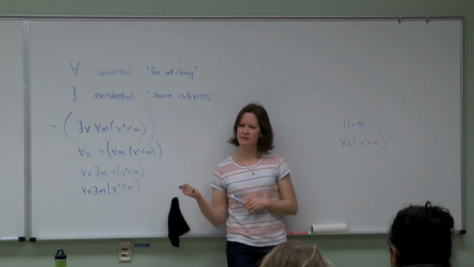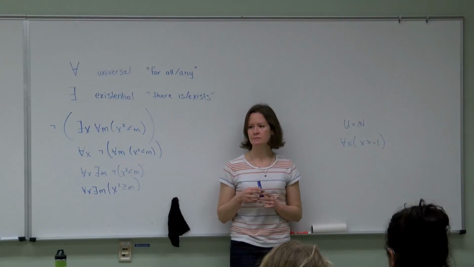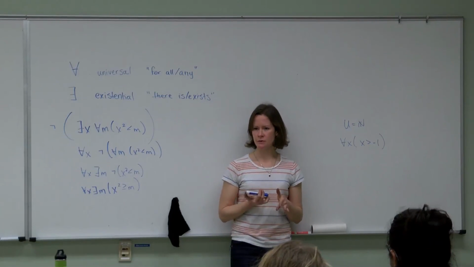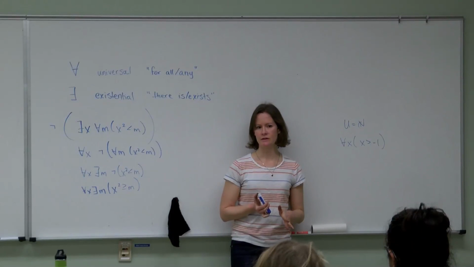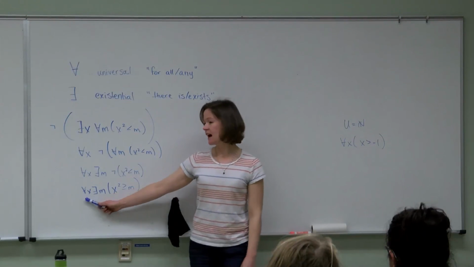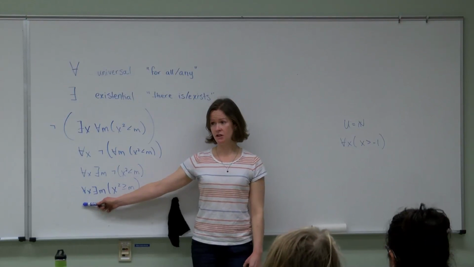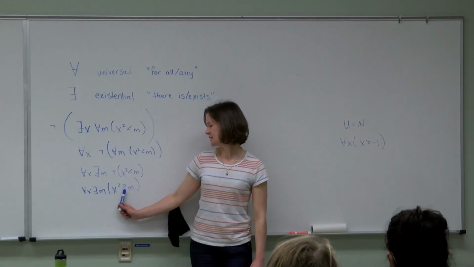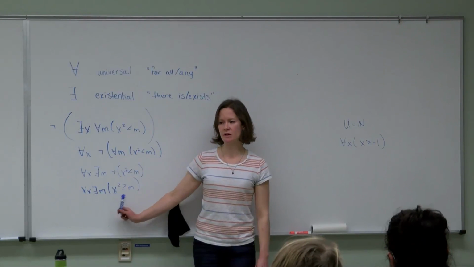Okay, so questions on the negation. Now we need to think through whether the resulting statement is true or false. For any x that I give you, could you find at least one real number that is less than or equal to the square of the number I gave you?